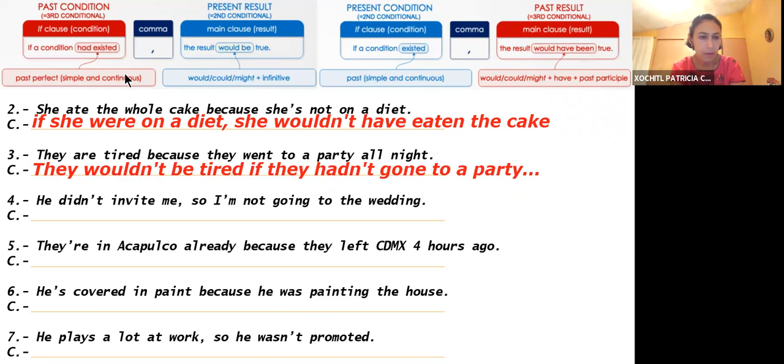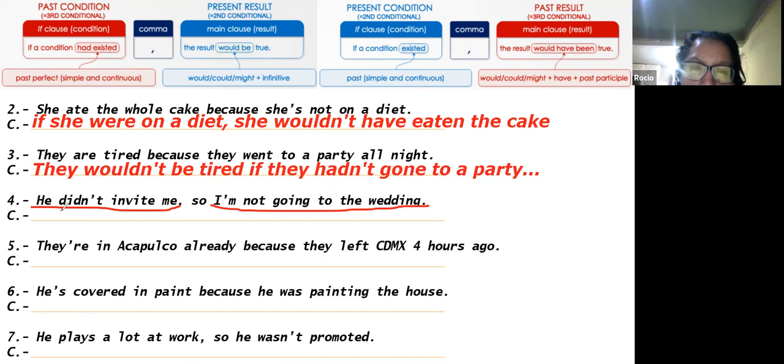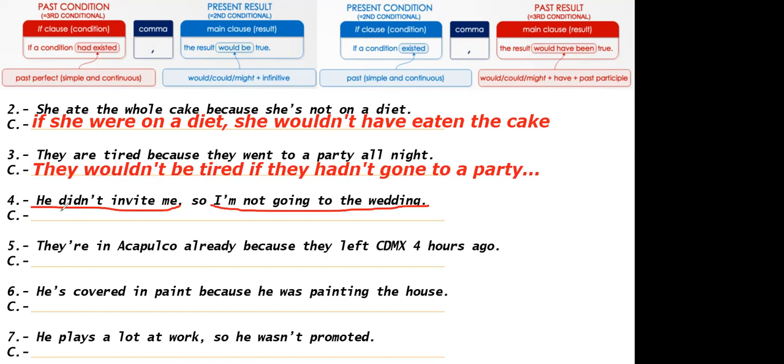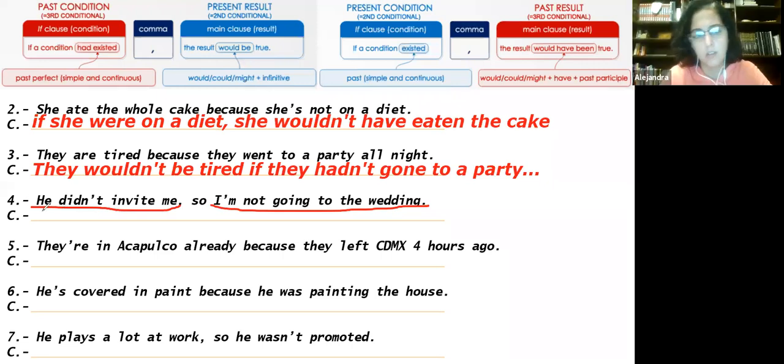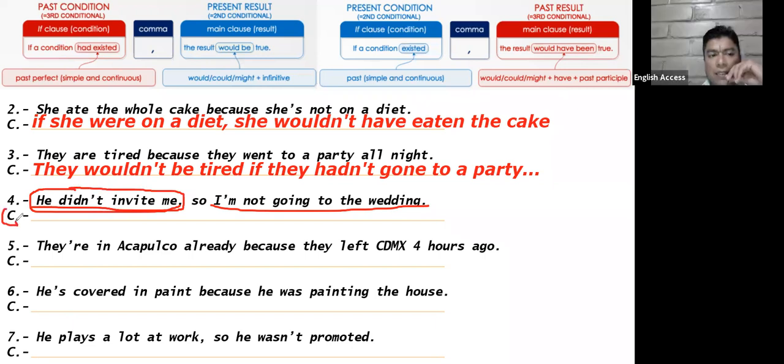Let's continue. But I want us to go slowly, one step at a time. He didn't invite me. I'm not going to the wedding. So what is the cause and what is the effect? The cause is he didn't invite me. So how do I say the cause in my hypothetical sentence?